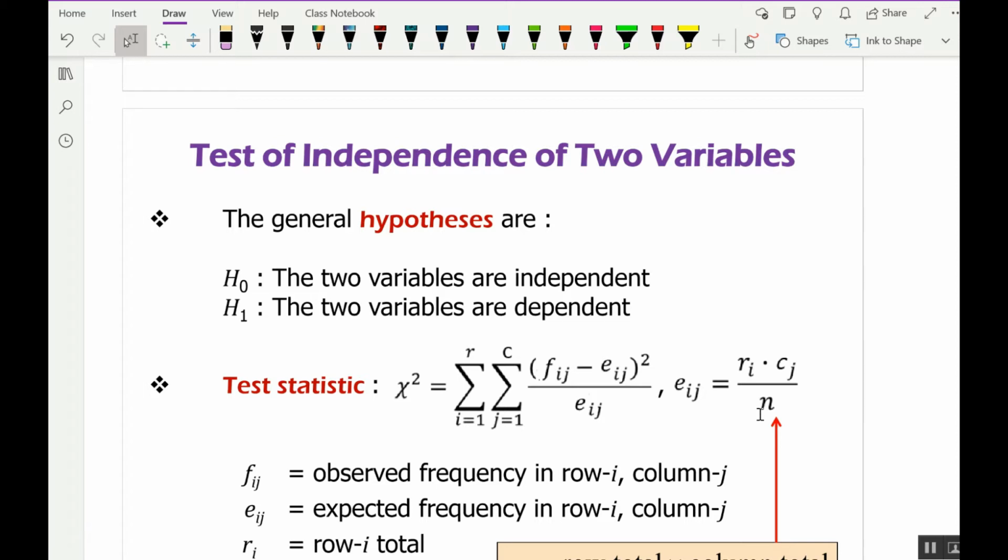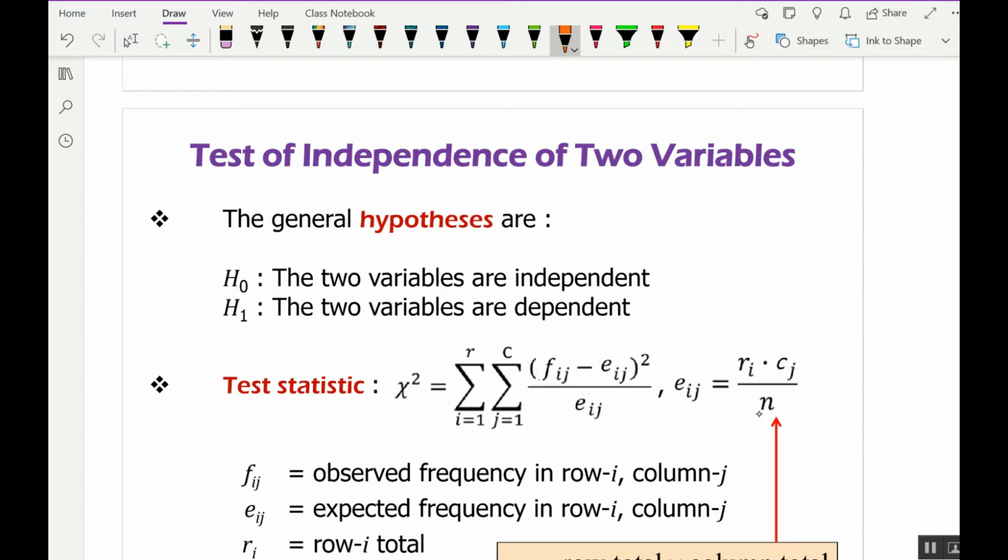So of course we can straight away imagine the steps will involve hypothesis testing of the two variables. So of course the first step, we will need to define the hypothesis.